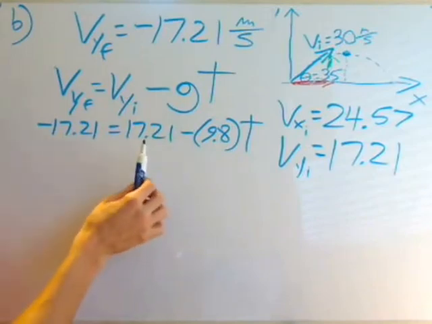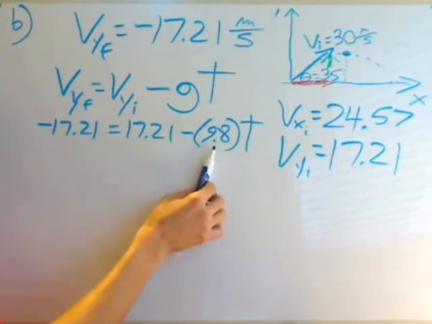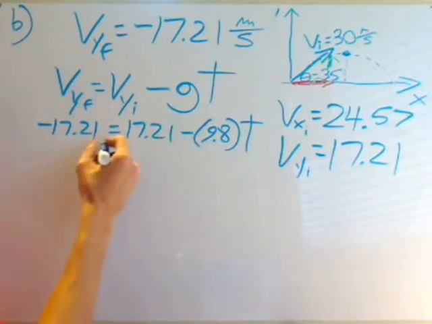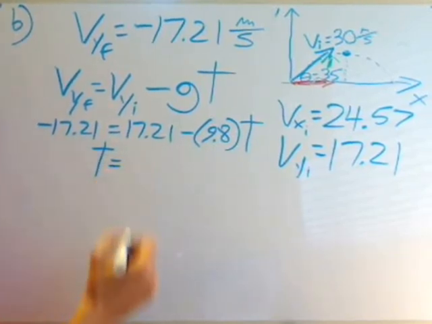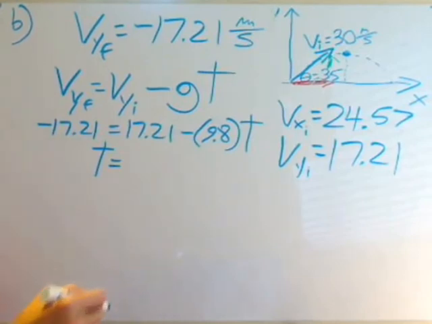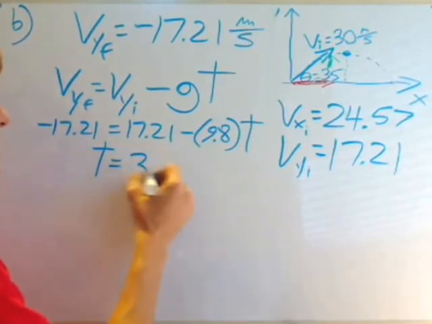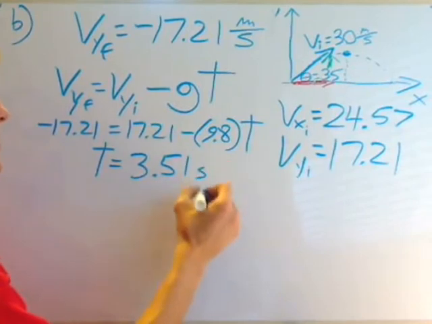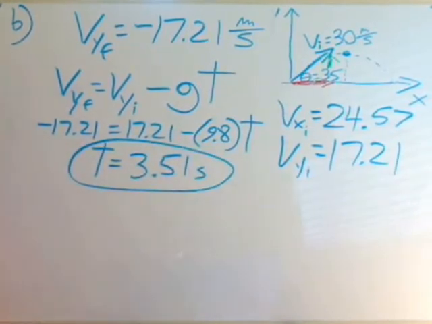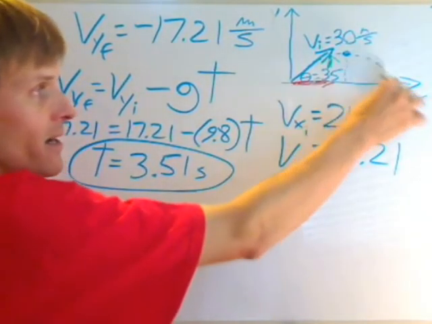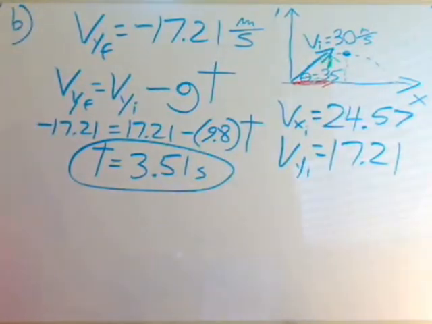We subtract from both sides, then divide both sides by negative 9.8, and we get a time of 3.51 seconds. So that's how long the projectile is in the air for that full flight.